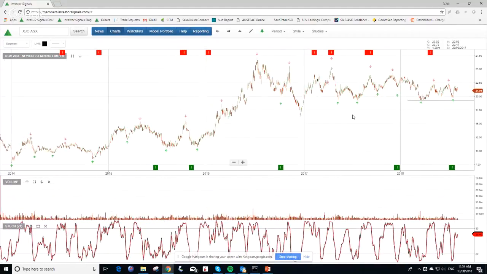Gold's very oversold at the moment, and the driver of that really has been as the US has stepped up pressures on China with trade tariffs, the US dollar's rallied and most other global currencies have fallen. When the US dollar's strong, at least this is the current correlation in the market, gold's weak.